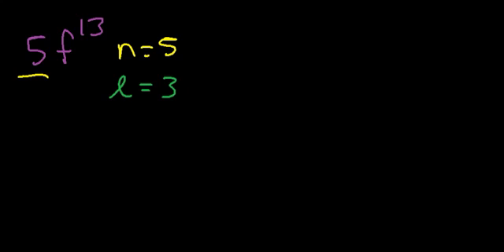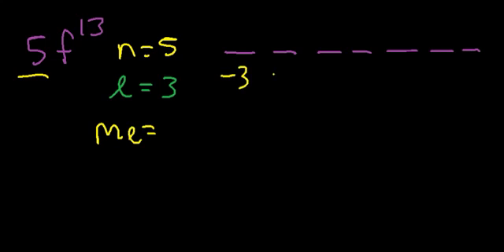Alright, for the sake of practice, let's try one more example. Let's focus on the 5f13 electron. So n is 5, L is 0 for s, L is 1 for p, L is 2 for d. For f, L is 3. And for the f sublevel, there are 7 orbitals. And mL can vary between -3 and 3 because L is 3.